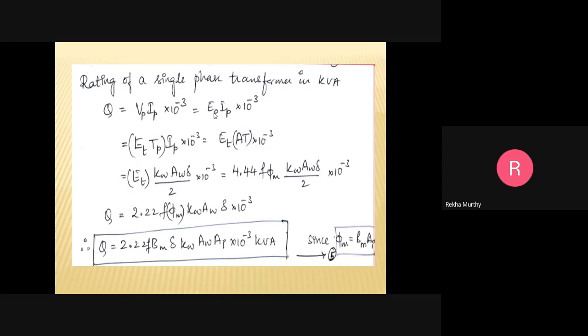After that, this is the EMF at the primary. Go to your prerequisite formula.